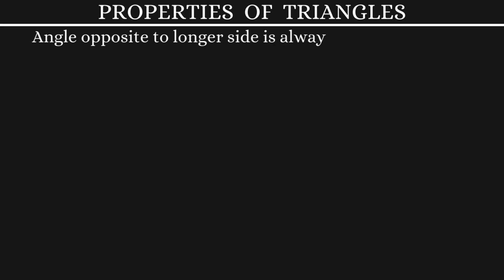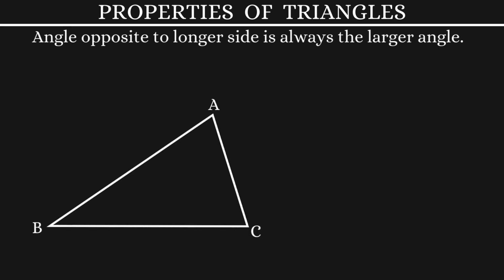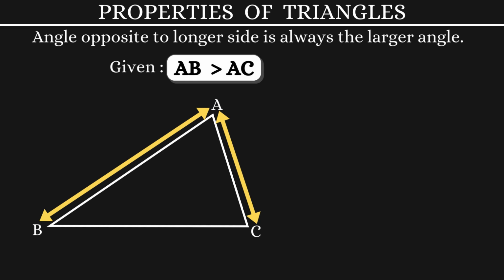Now, let's move on to the next property. Angle opposite to the longer side is always the larger angle. To understand this property, let's draw a triangle ABC in which the side AB is greater than the side AC. The property states that the angle opposite to the longer side is the larger angle.